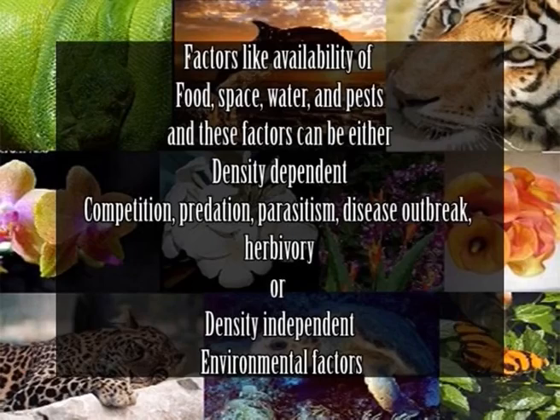Now, the size of a population is regulated by a number of factors like availability of food, space, water and pests, and these factors can be either density dependent, and the examples of density dependent factors are competition, predation, parasitism, disease outbreak or herbivory, or these factors can be density independent. For example, the environmental factors.